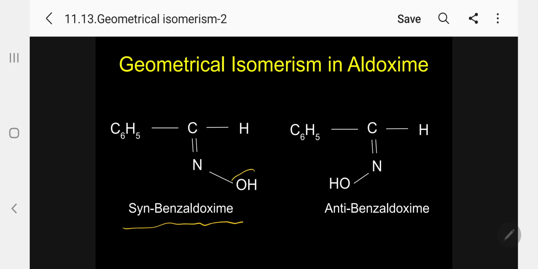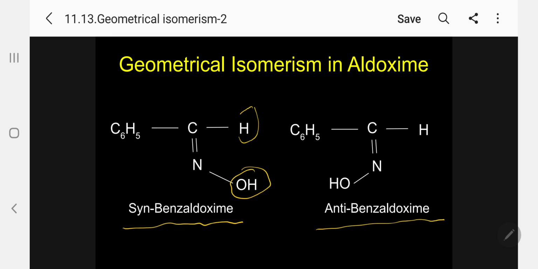Comparing with C6H5 and with respect to hydrogen, it is syn benzaldoxime. Syn. With respect to hydrogen, this is anti-benzaldoxime. Please follow. Anti means opposite to hydrogen. Syn means same, syn benzaldoxime.